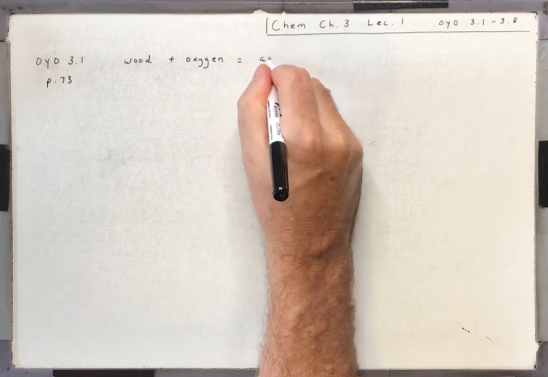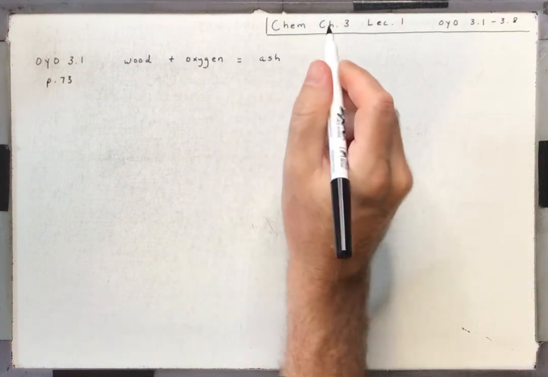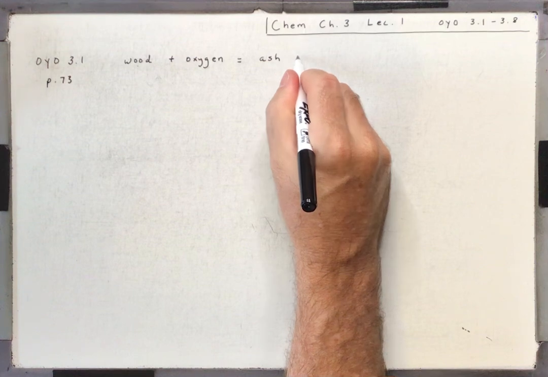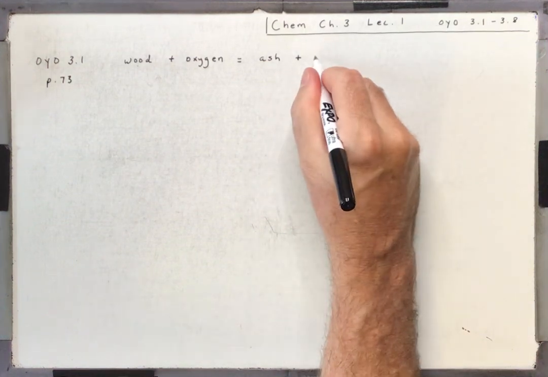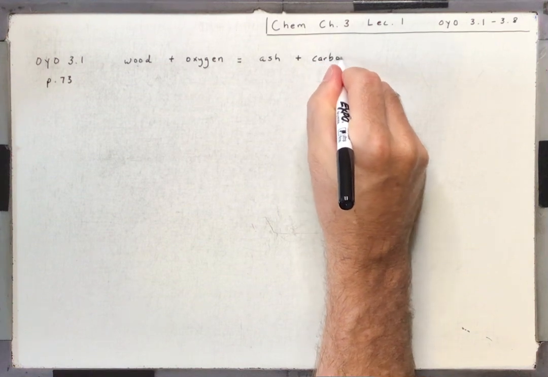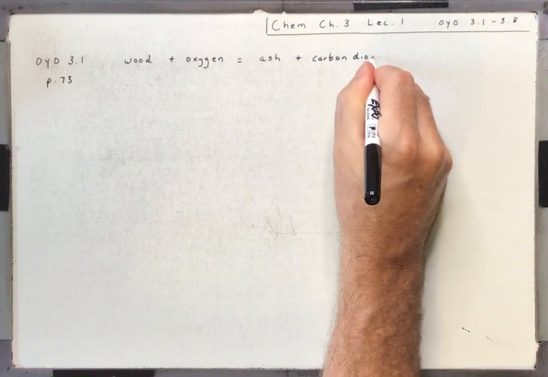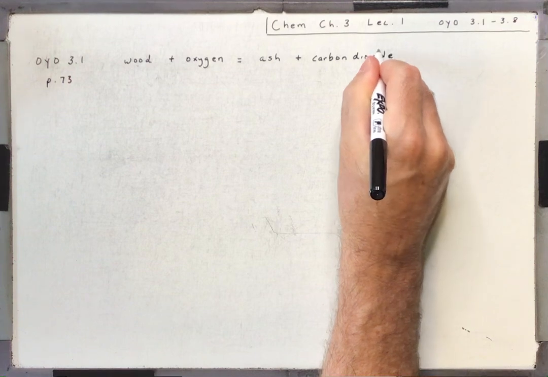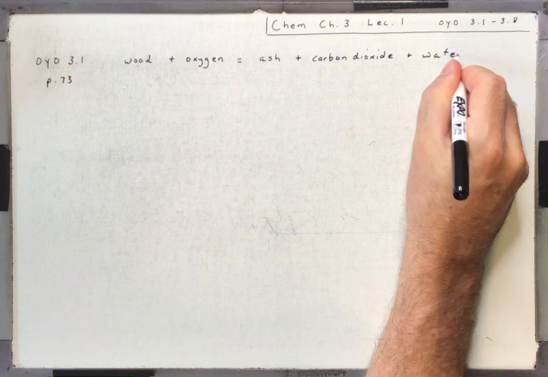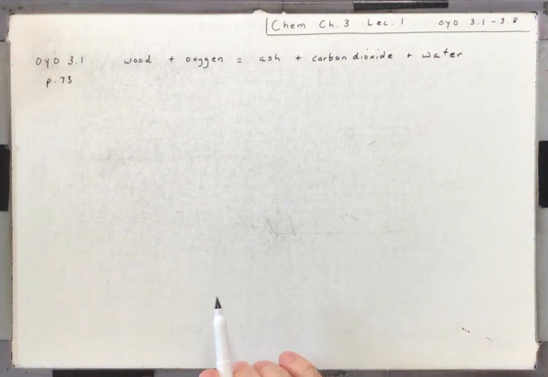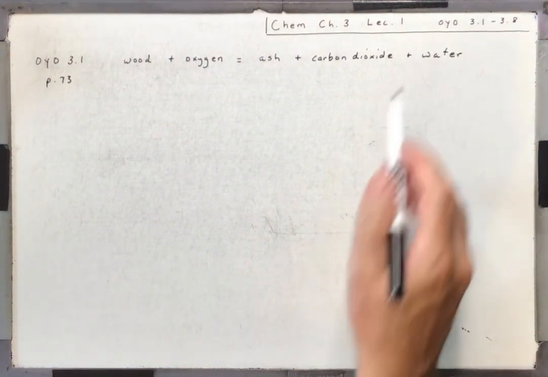So after the burning, we collected some ash, some carbon dioxide, and some water. So believe it or not, when you burn something, you make water vapor.